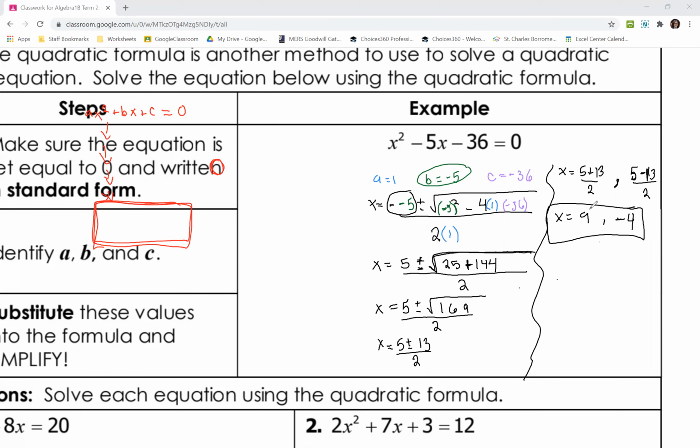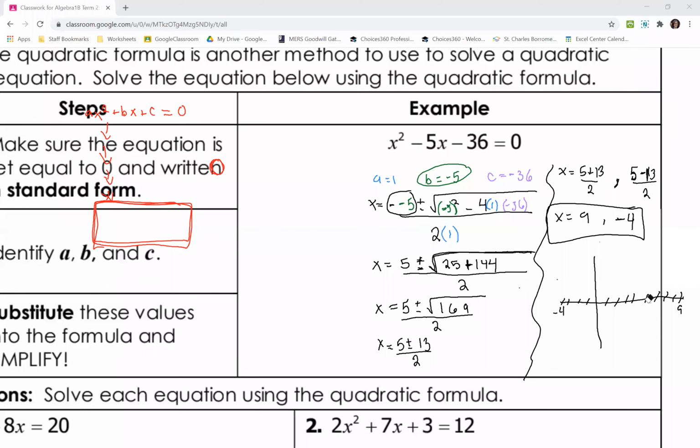So since we'll be talking about graphing tomorrow, what does that mean, x being equal to 9 and negative 4? Well, imagine this is, I'm going to do a really rough sketch. All right, what would my quadratic look like? So if this was negative 4 way down here and 9 all the way up there, what would my quadratic equation look like?